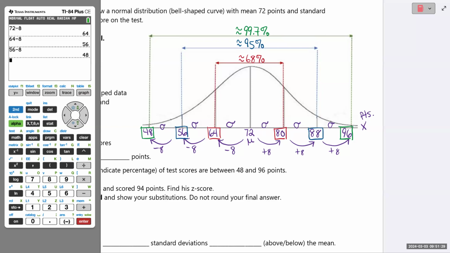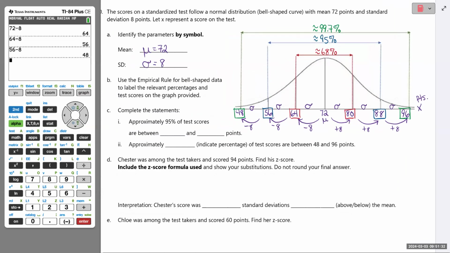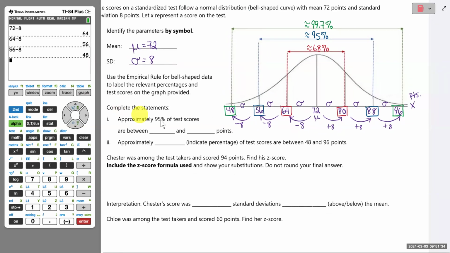And then we'll be able to answer some questions here. All right, approximately 95% of test scores are between. So 95%, that would be people that scored within 2 standard deviations of the mean. So from the mean, 2 standard deviations below, 2 standard deviations above.